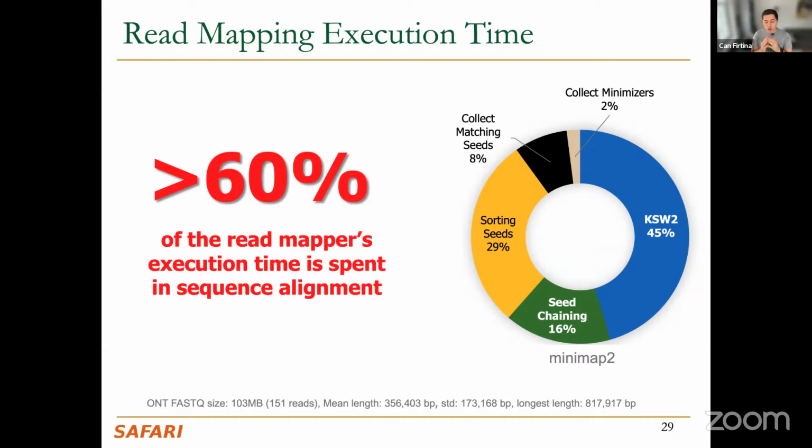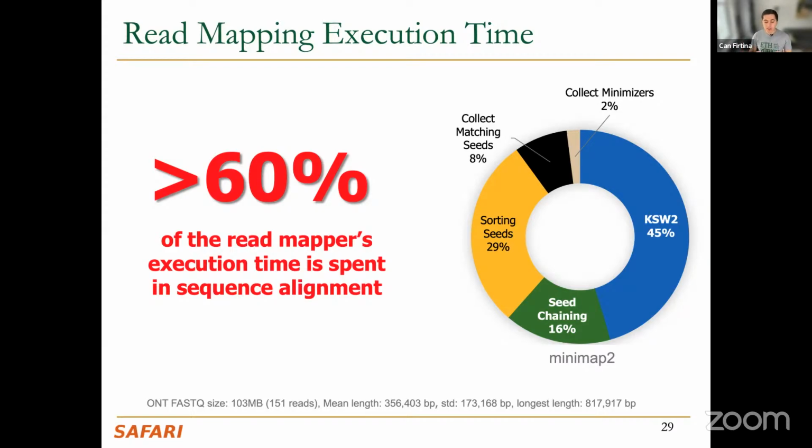We really don't want to apply alignment for regions that are not going to end up aligning. If we do, then we just wasted computation because we aligned these two strings for no reason, because they ended up not aligning to each other. So we wasted a lot of time and energy, and we really want to minimize this.